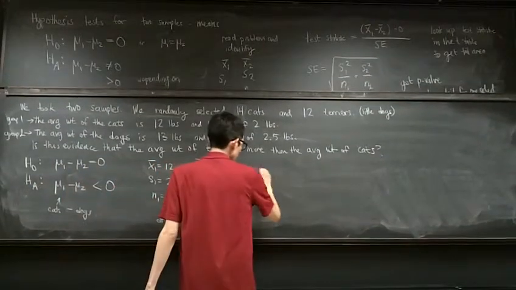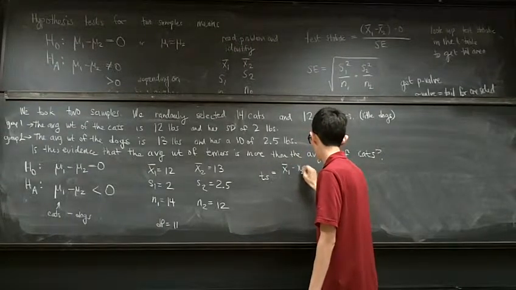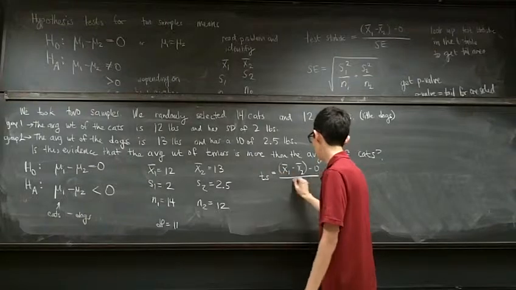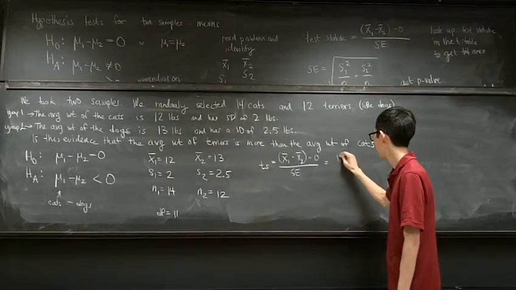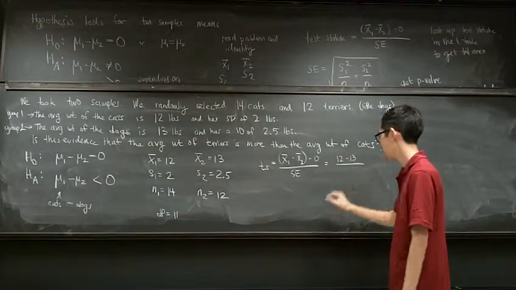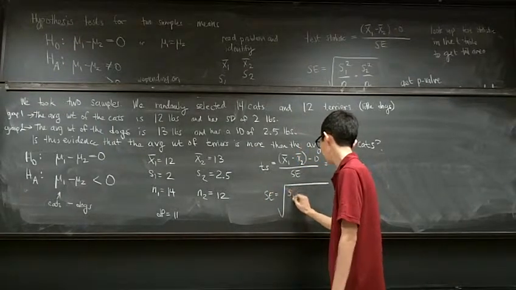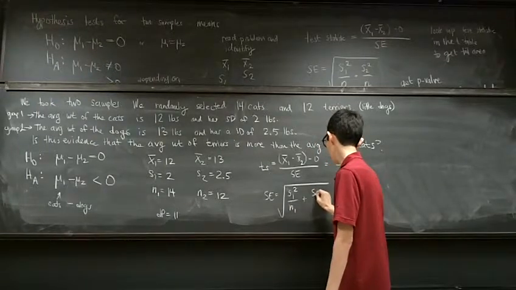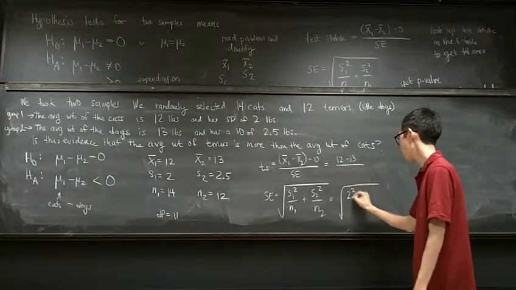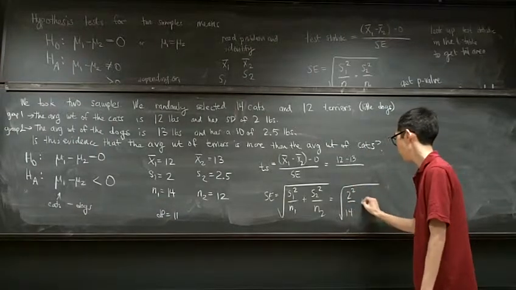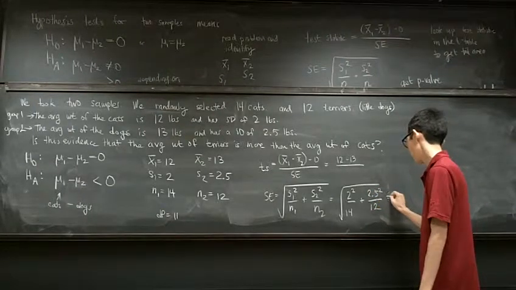Alright, let's figure out our test statistic. The test statistic is x bar 1 minus x bar 2 minus 0, divided by my standard error. On the top, I've got 12 minus 13 minus 0. The standard error is the square root of s1 squared over n1 plus s2 squared over n2. I've got 2 squared over 14 plus 2.5 squared over 12.